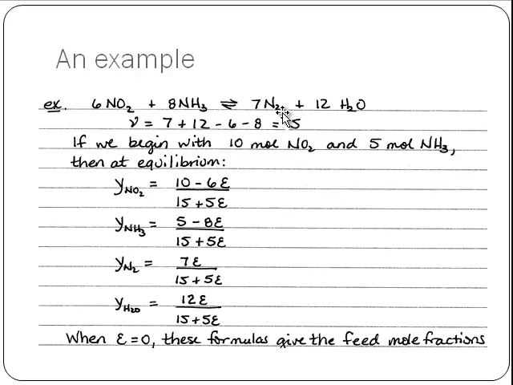My nitrogen, I started with none, and 7 were formed, 7 epsilon. And my water, I started with none, 12 were formed, 12 epsilon. Now then, how much total did I have? Well, I could add up all of these, or I could simply say, I started with 15 moles total, and I added 5 epsilon total, so 15 plus 5 epsilon. This allows me to get a mole fraction as the reaction progresses, 1 mole at a time.